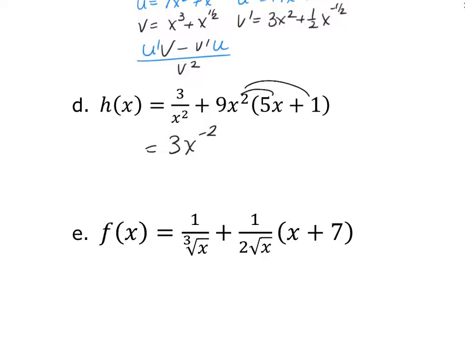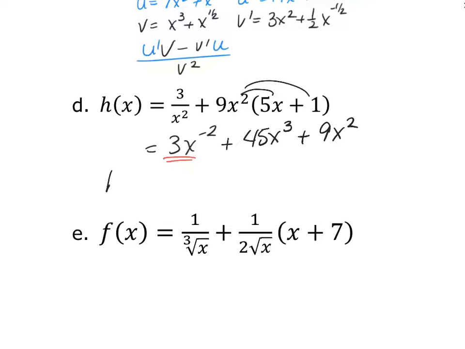So when I multiply through, I'm going to get plus 45x to the 3rd plus 9x squared. And then notice I can take each term individually. We haven't gone over this officially, but it's pretty much the same as when we had the derivative of x to the n. The derivative of x to the negative n is just, you bring that power down, and then you just subtract 1 from it.